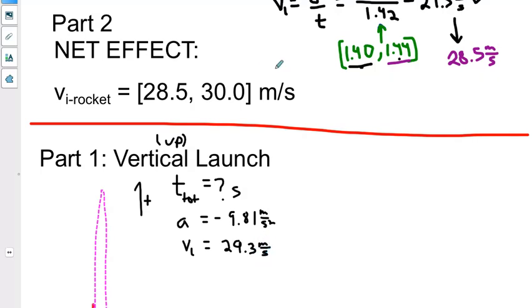However, what we have discovered up here is that this could actually be as low as 28.5 or as high as 30.0. So that's our range of VIs. And just like we did before, we're going to have to shove them in here. There's one more given needed. What given do you want to use?